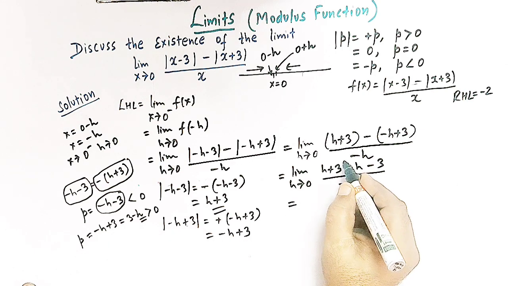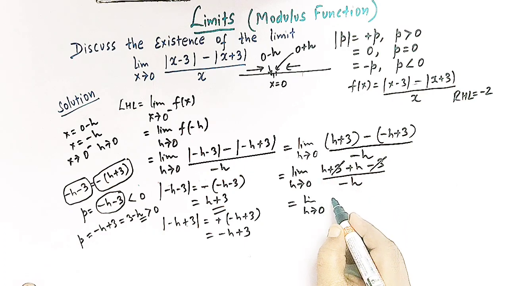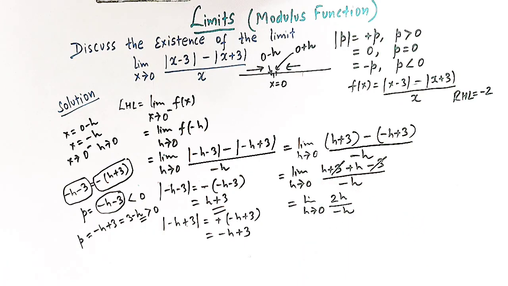So now again this 3 and this 3 get cancelled, right? And we are now left with limit h tends to 0, h plus h is 2h, and here we have minus h.